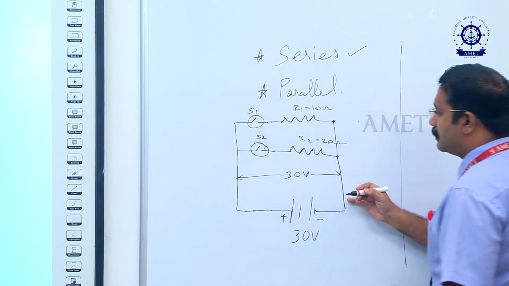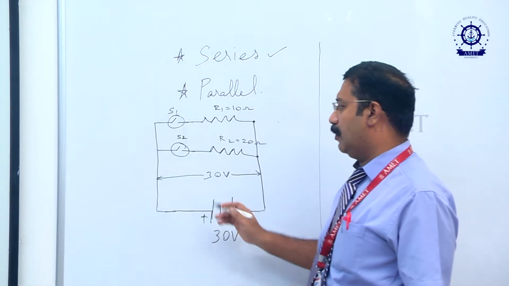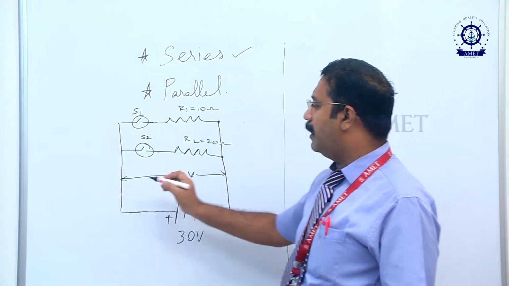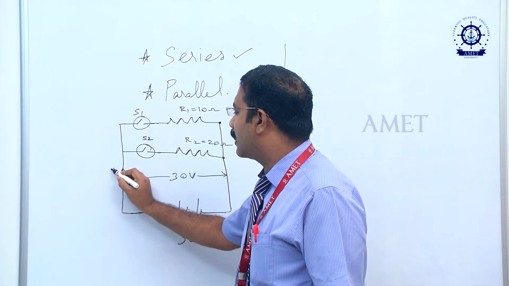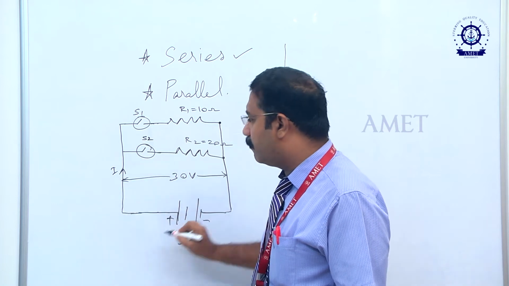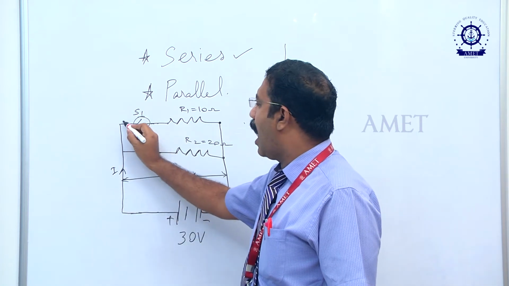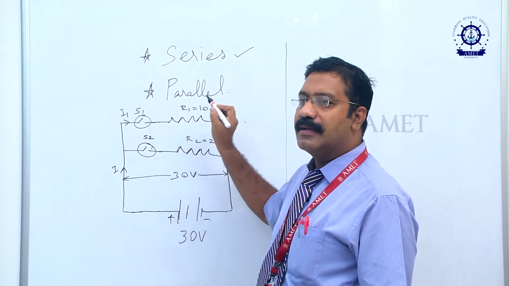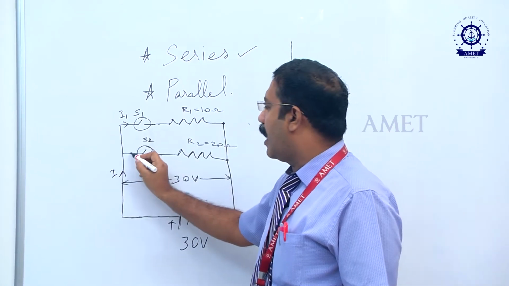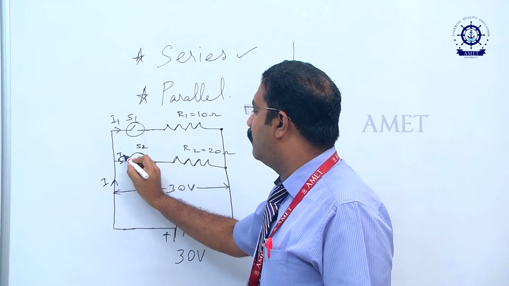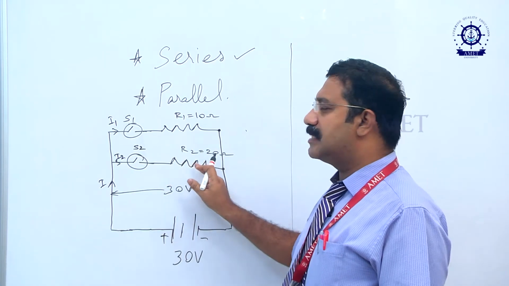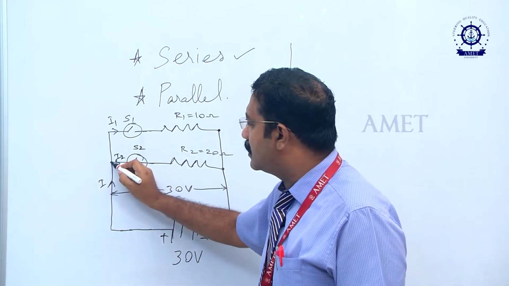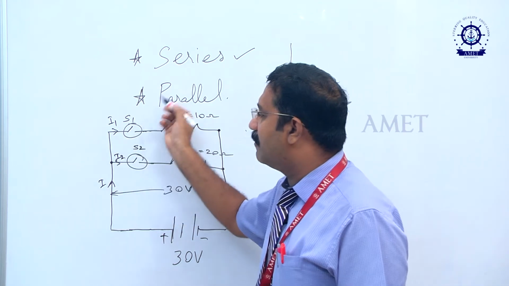Okay, now we will see what the current value will be. We saw that voltage remains the same. What will be the current? If I is the current flowing for the whole circuit, I1 will be the current flowing through resistance R1, and I2 will be the current flowing through resistance R2, because at this junction the current gets divided.